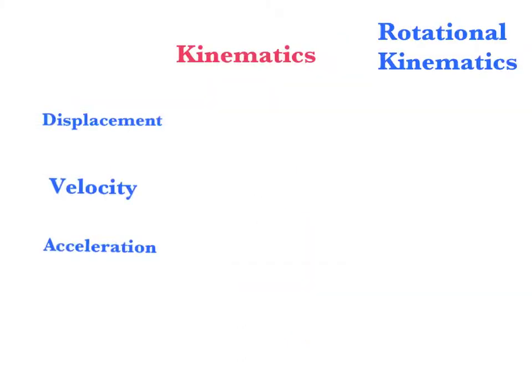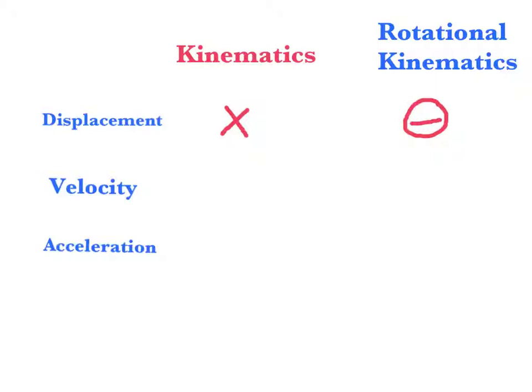Alright, so let's review a little bit. With regular kinematics, we measure displacement in meters, and we just use the letter X or Y or Z for displacement. In rotational kinematics, we measure displacement as angular displacement, and we measure it in radians.